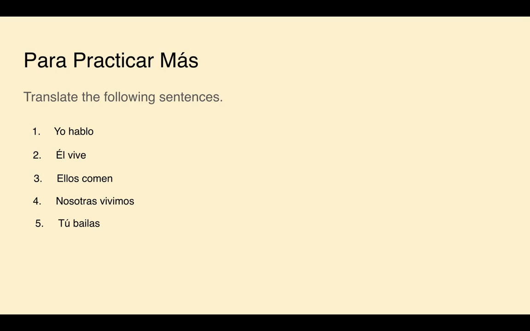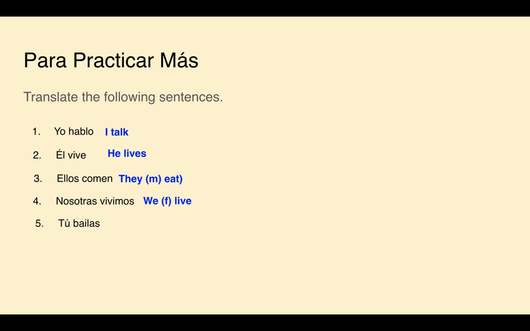To check your answers, you should have yo hablo is I talk. Él vive, he lives. Él vive en Urbandale. He lives in Urbandale. Ellos comen. They, and it's either a group of guys or a mixed gender group, they eat.